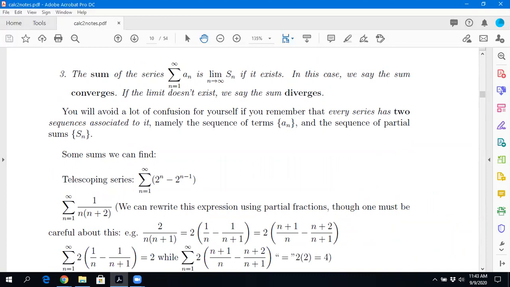And by the way, that makes complete sense because the limit as n goes to infinity of this is just the limit as n goes to infinity of a1 plus a2 plus dot dot dot plus an, right? Because after all, what is this?